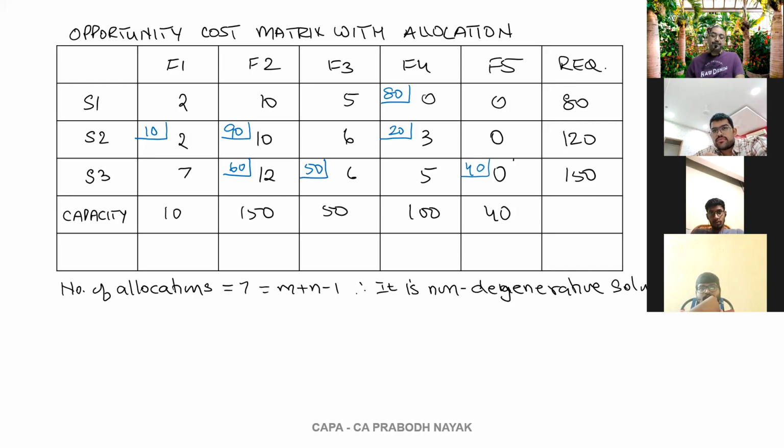But we are not supposed to calculate the minimum opportunity cost. We are supposed to calculate the most profitable combination, taking into consideration the transportation cost. That is why we have done all this solution, and allocation has been done on the basis of minimum opportunity cost.